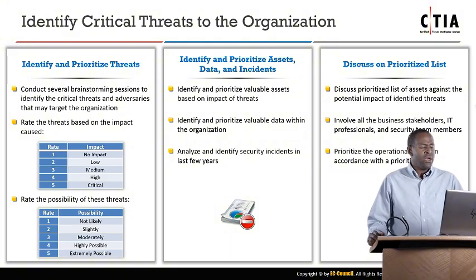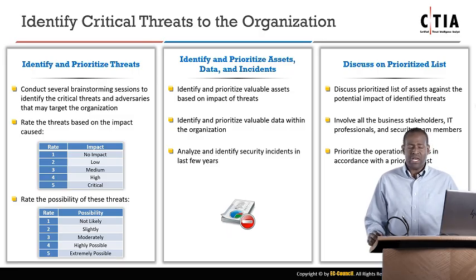What we do is we rate the threats based upon the impact that they could potentially cause. These are going to be impacts to different parts of the organization: impacts to your network infrastructure, to your software infrastructure, to the hosts on the system, to your virtualization and cloud infrastructure, your IoT infrastructure, etc. This is going to have to be prioritized because you want to make sure that you're focused in the correct area.